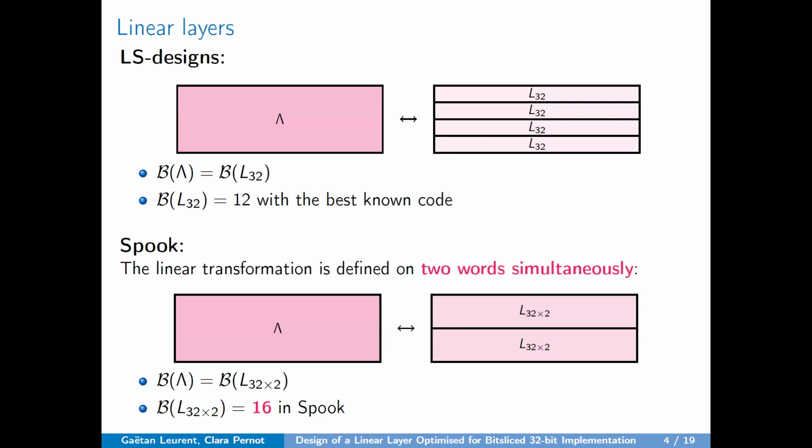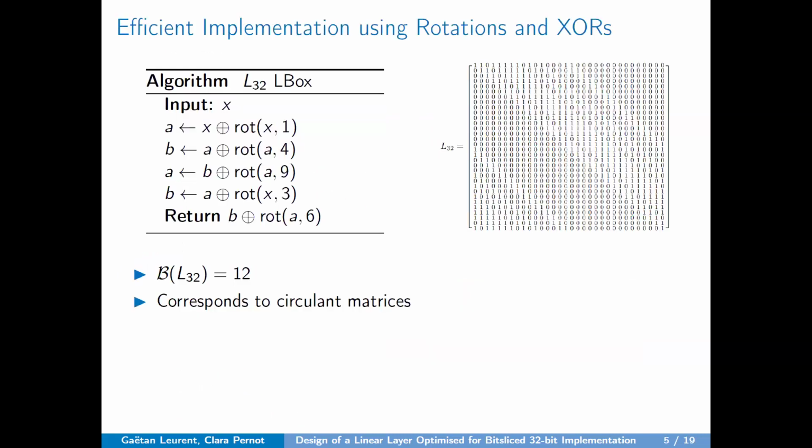So our goal here is to extend this work and to find some linear layers that operate on 3 or 4 32-bit words. And we want some linear layers that have some efficient implementations. So we decided to focus on linear layers that are made of XOR and rotation. So here there is an implementation of the 32-bit L-box, and it's made of 5 steps of XOR and rotations, and it exactly corresponds to this linear transformation.